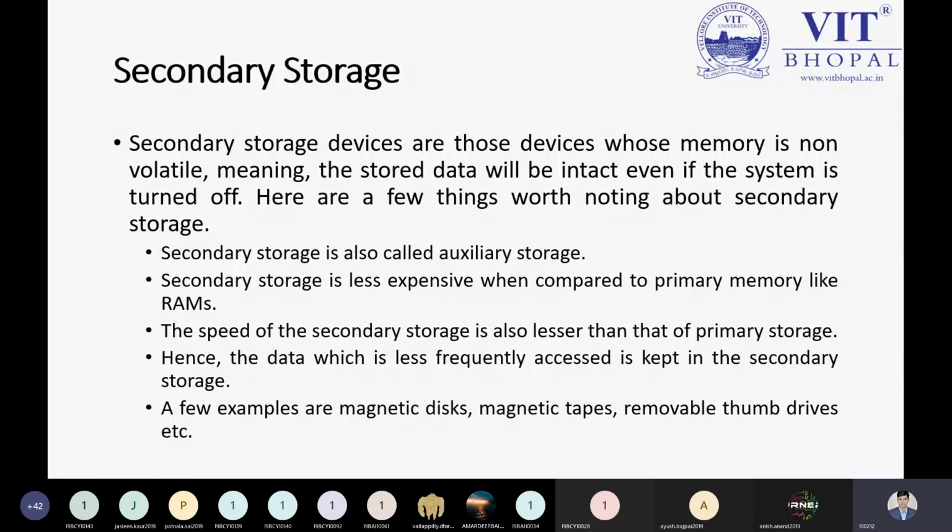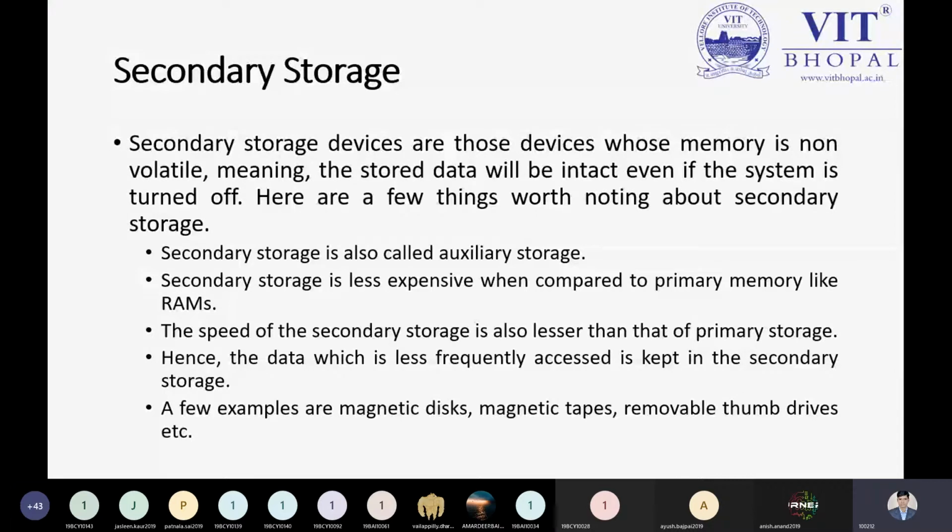But if you look for a hard disk of around 1 terabyte in today's era, within 5,000 rupees you can buy a 1 terabyte hard disk, which is much more spacious compared to the RAM. So this is a good idea. We can say that it is less expensive.